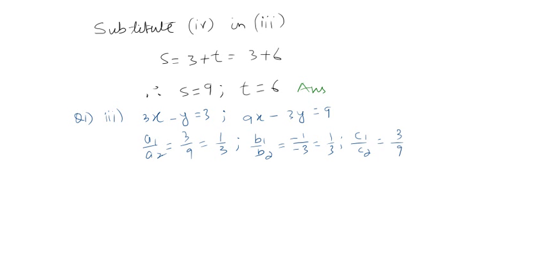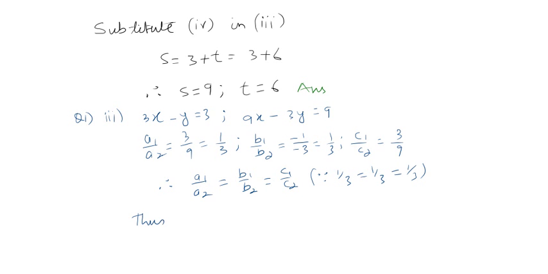So here we can say that a1 upon a2 is equal to b1 upon b2 is equal to c1 upon c2, because 1 by 3, 1 by 3, 1 by 3 are equal.